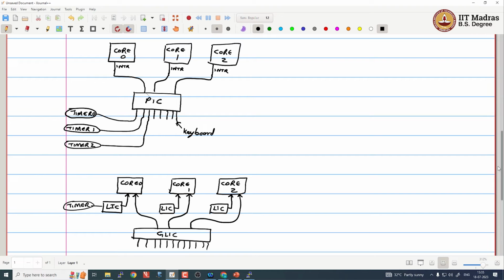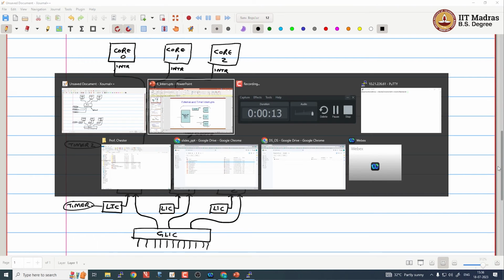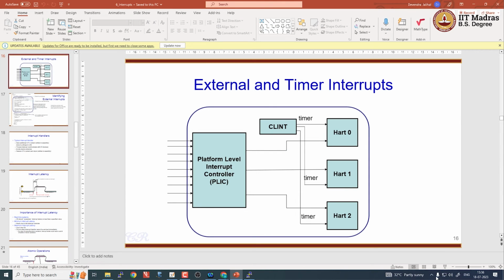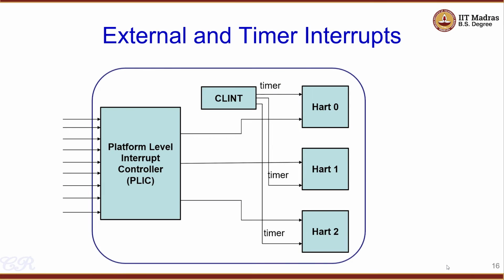This way, critical interrupts such as the timers do not share the common global interrupt controller. The nomenclature for RISC-V based multi-core platforms is slightly different, but at a high level this is what essentially happens.